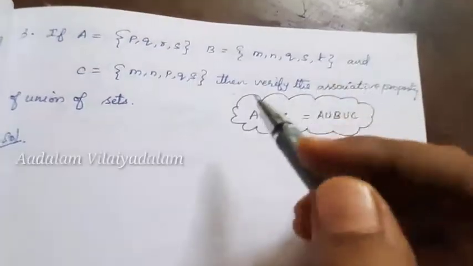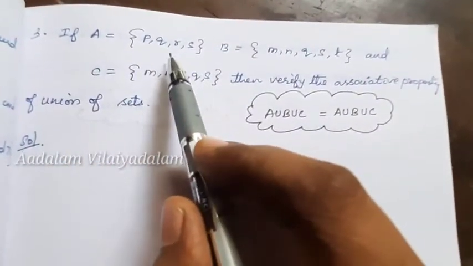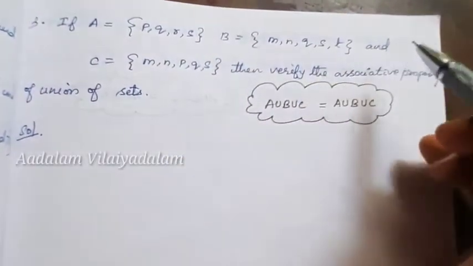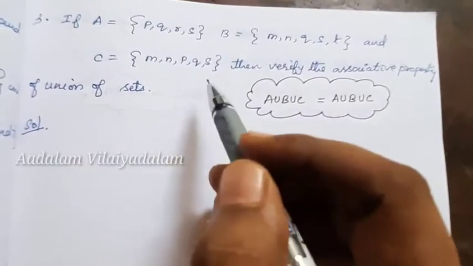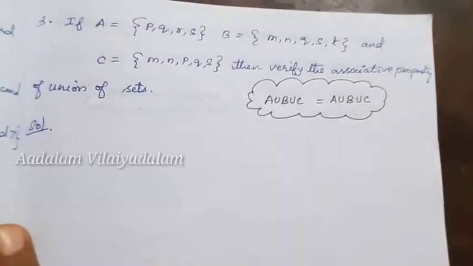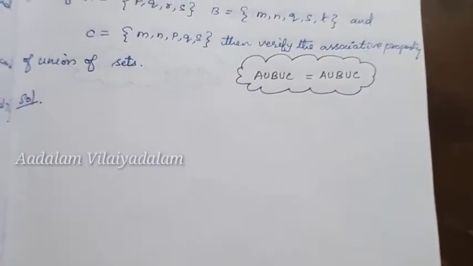Now the third sum is, if A equal to {P, Q, R, S}, B equal to {M, N, Q, S, T} and C equal to {M, N, P, Q, S}, then verify the associative property of union of sets. We are going to verify the property.